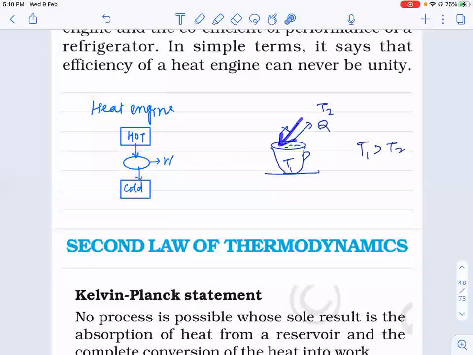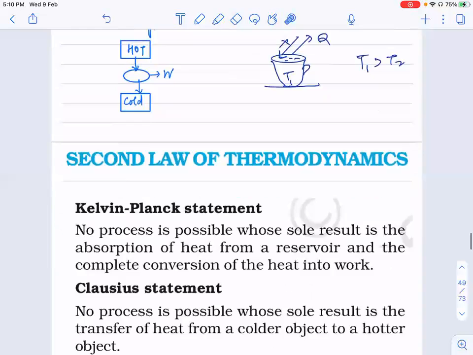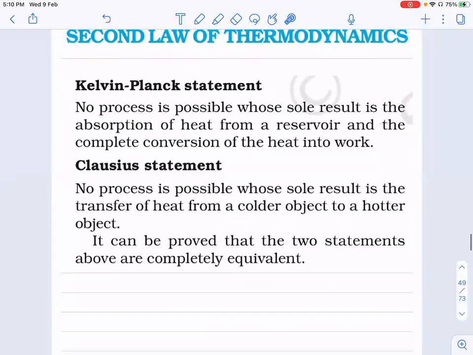Heat बाहर से अंदर नहीं आ सकती. Hot से cold में तो जा सकती है, but cold से hot में नहीं आ सकती heat without any external support. That's the second statement. Second statement क्या बोलता है? Cold से heat हमें hot source में transfer करनी है, so it is not spontaneously possible. On its own, it is not possible.